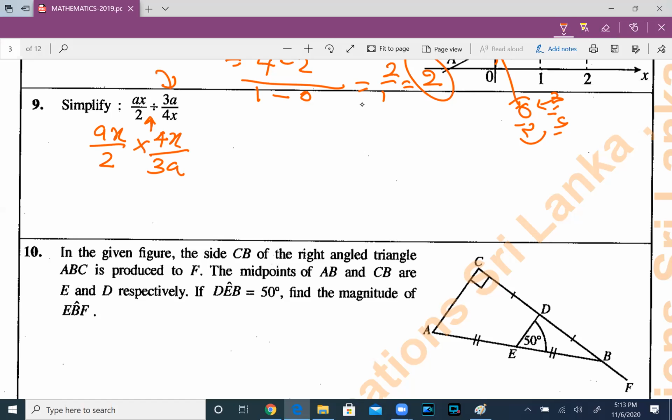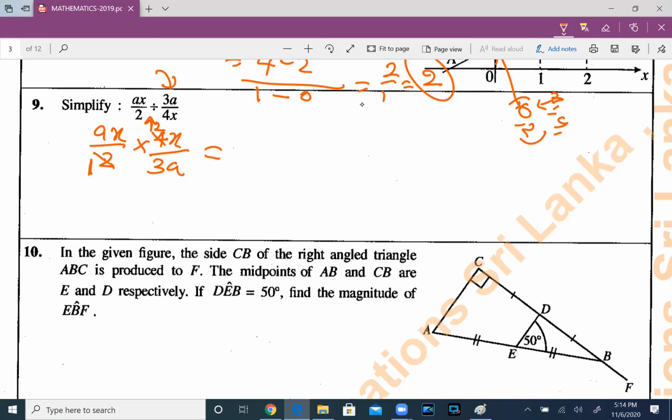After this you can simplify 2 and 4 by the 2 times table. So 2 times 1 is 2 and 2 times 2 is 4. So here ax, and this is 2x.